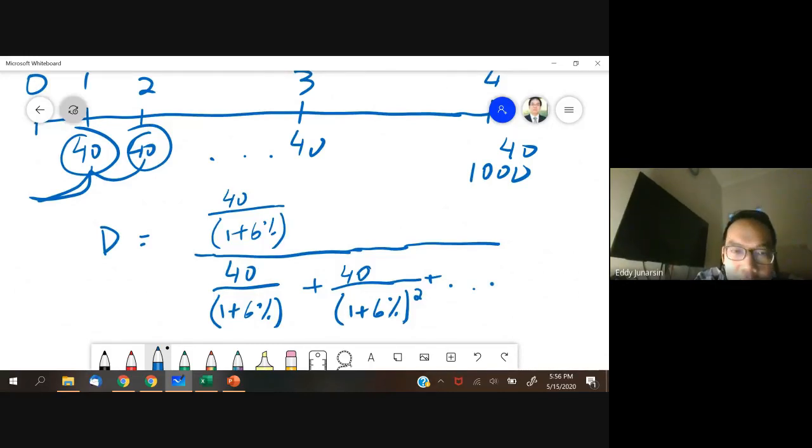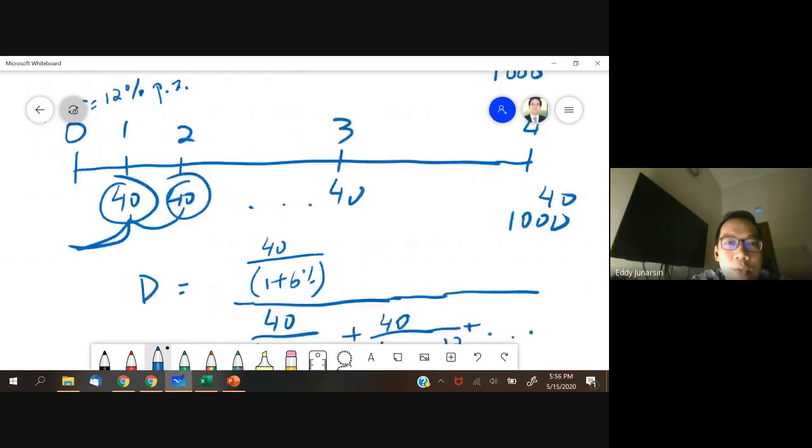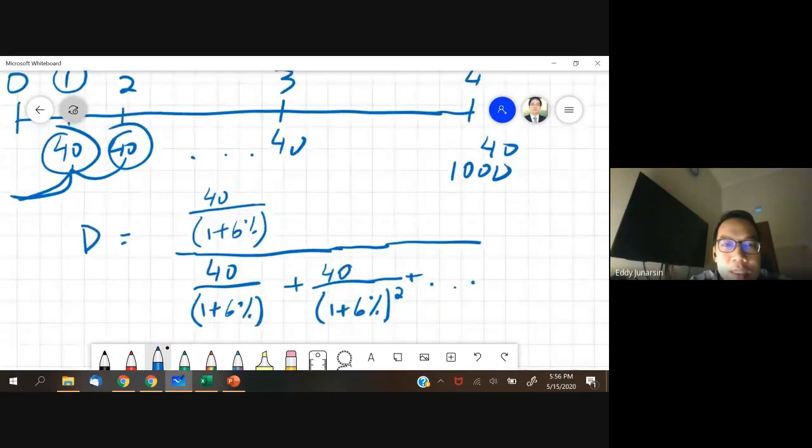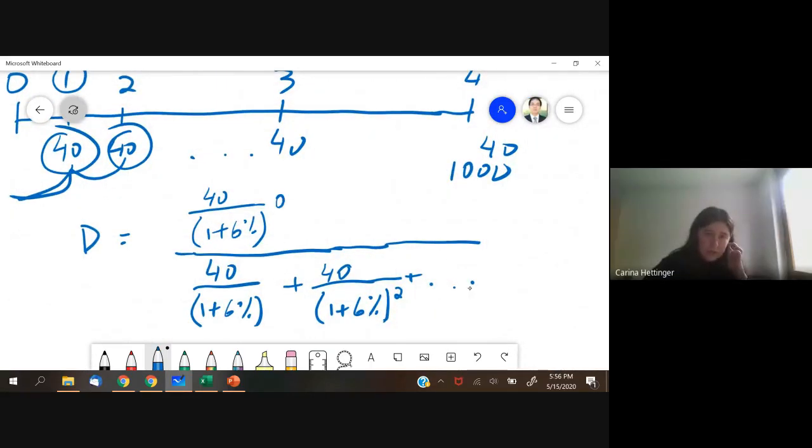And before we add with another cash flow, we multiply by the time. What is the period here? Period number 1 is how many years? Half a year. So times 0.5. That's right.